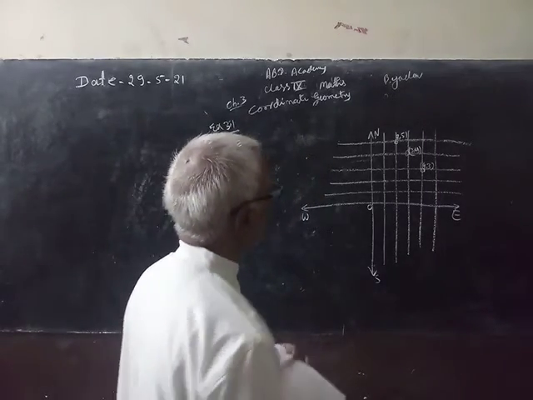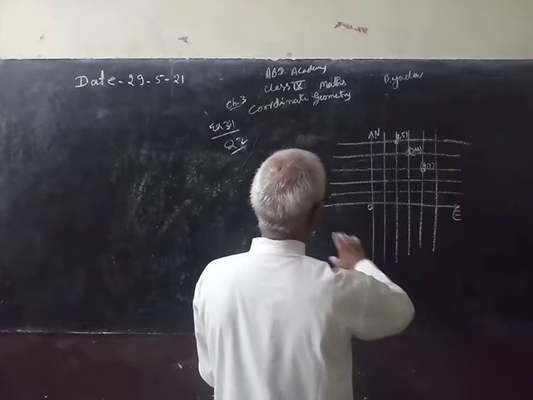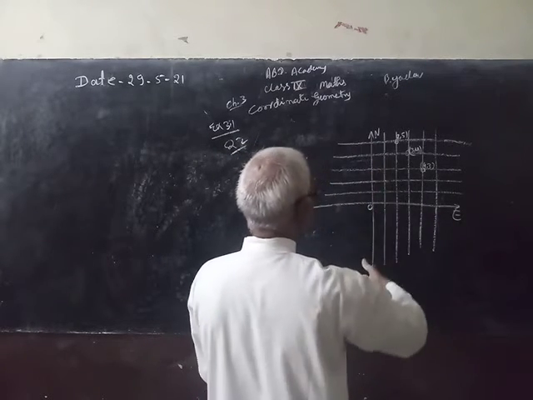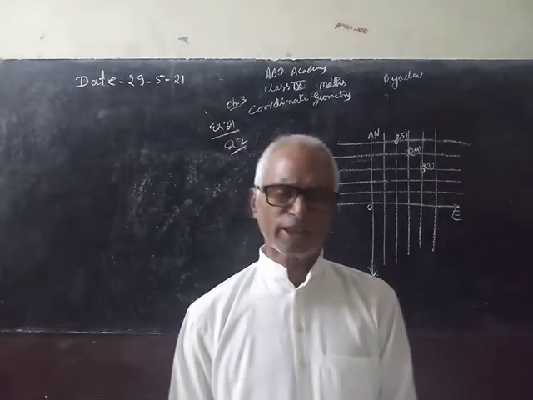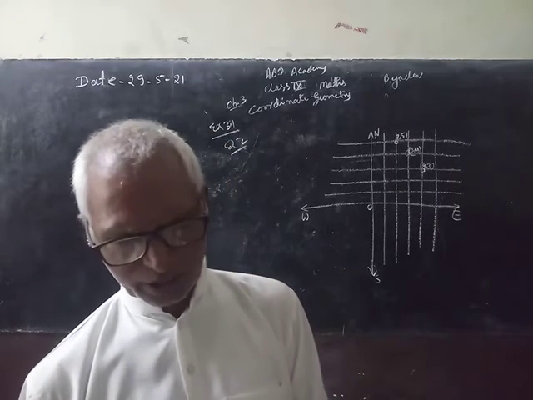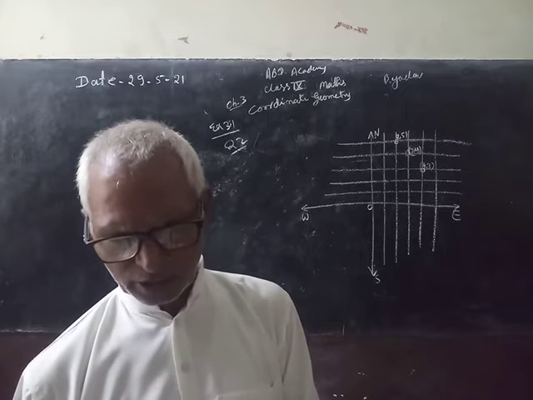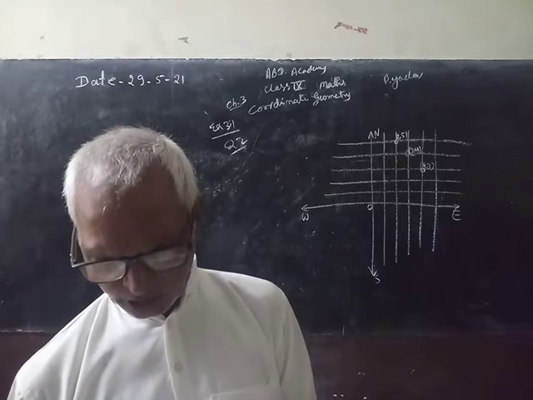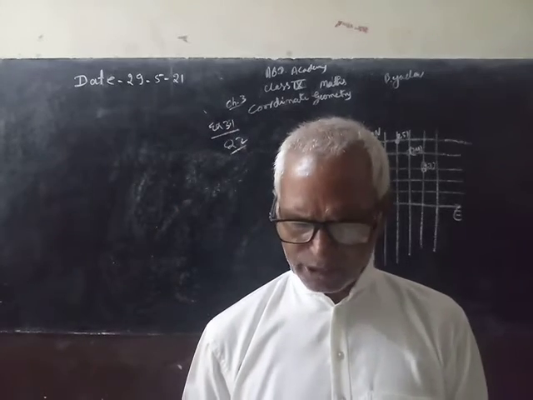Actually what we do, we make an origin somewhere, O, and two perpendicular lines. One is called the x-axis, the other is the y-axis, and by the x and y-axis we ascertain the position of a point in a plane. You will understand it properly when we meet in class.